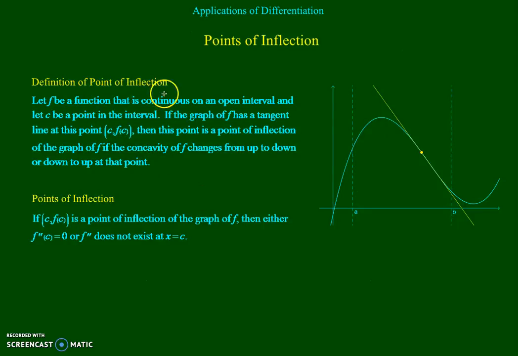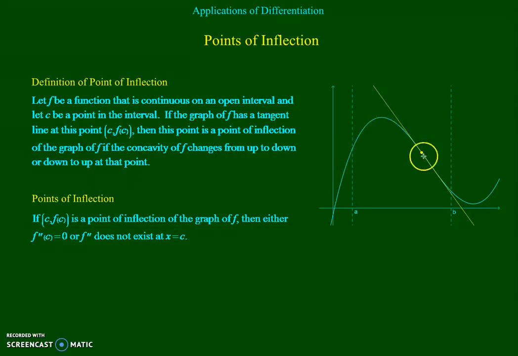So the definition of point of inflection: let f be a function that is continuous on an open interval, and let c be a point in the interval. So this function is continuous on an open interval, and there's a point c inside the interval. If the graph of function f has a tangent line at this point, (c, f(c)), then this point is a point of inflection of f if the concavity of f changes from up to down or down to up at that point.